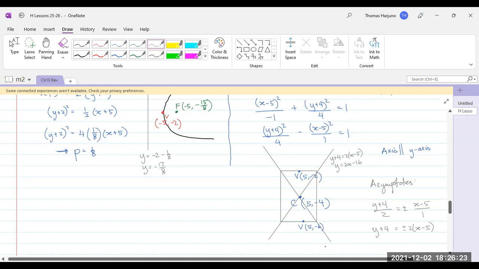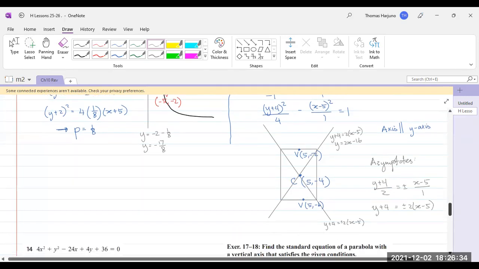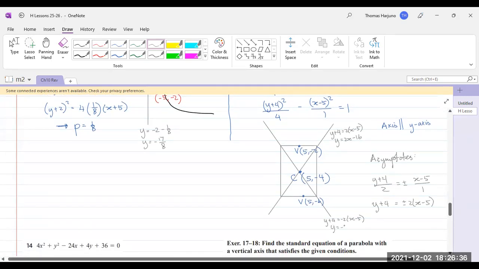And this one here is y plus 4 equals negative 2 times (x minus 5), which is y equals negative 2x plus 6. Okay, and the hyperbola, therefore, will be something that looks like this.